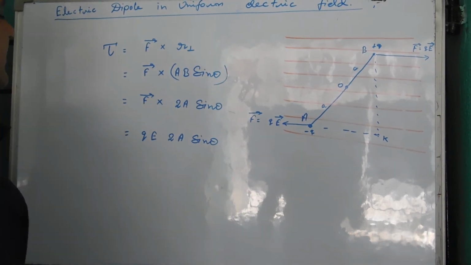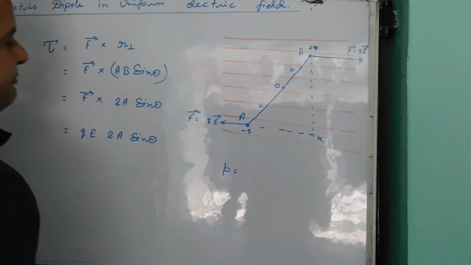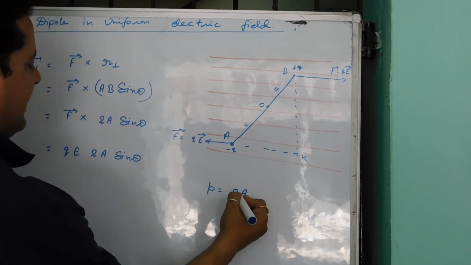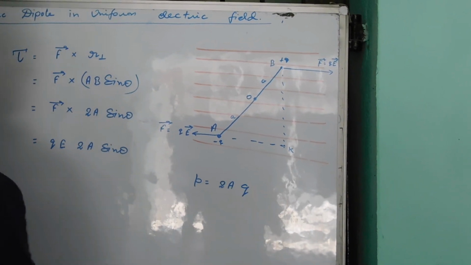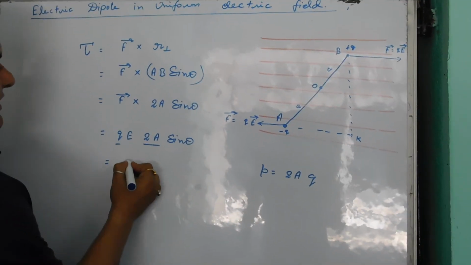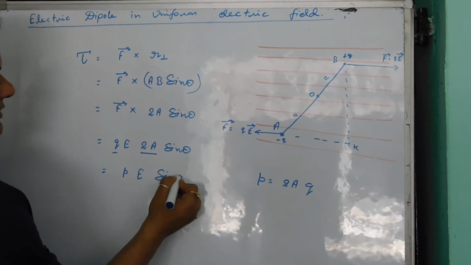We have already discussed that the electric dipole moment P is equal to 2a into Q. So this 2a and Q become PE sine theta.